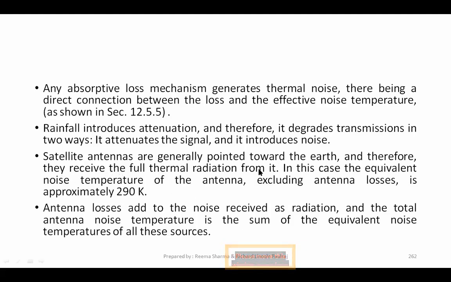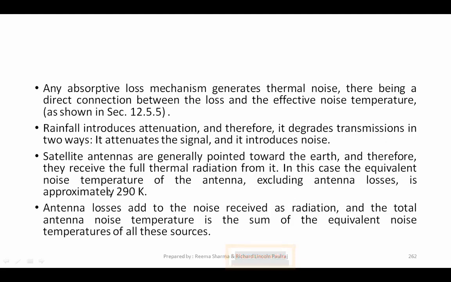Satellite antennas are generally pointed towards the Earth, and therefore they receive full thermal radiation from it. As I told you, since there is a blanket of heat surrounding the Earth's surface due to the sun's rays, this heat is radiated back to the satellite antennas, which are actually facing towards the Earth's surface. In this case, the equivalent noise temperature of the antenna, excluding antenna loss, is approximately 290 kelvins.